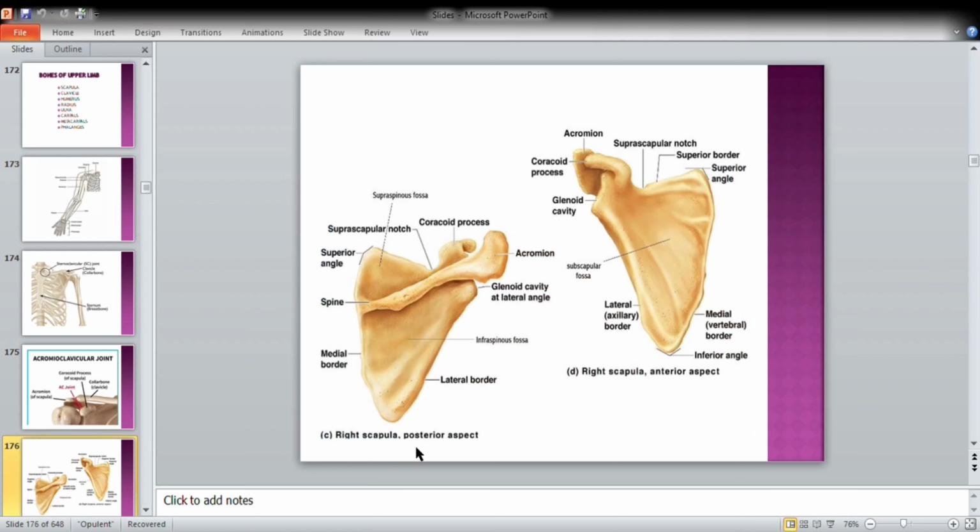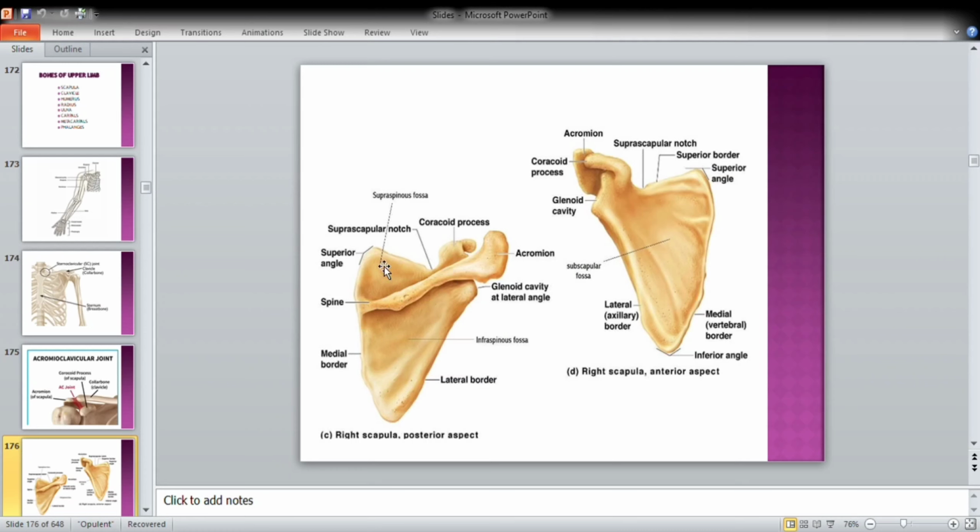This is the right scapula, posterior aspect, and this is the right scapula's anterior aspect. This is the medial border, the lateral border, and the superior border. Now locate the superior angle, the inferior angle, and here is the spine of the scapula. Here lies the acromion. Above the spine of the scapula lies the suprascapular notch, and below the spine of the scapula lies the infraspinous fossa.